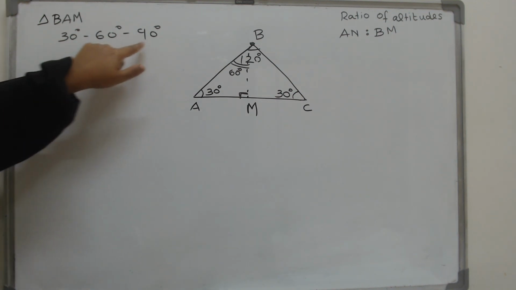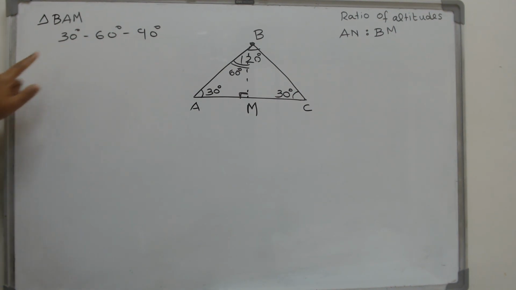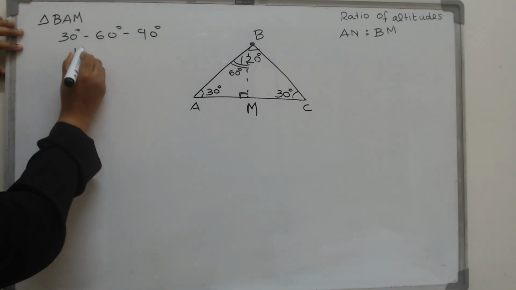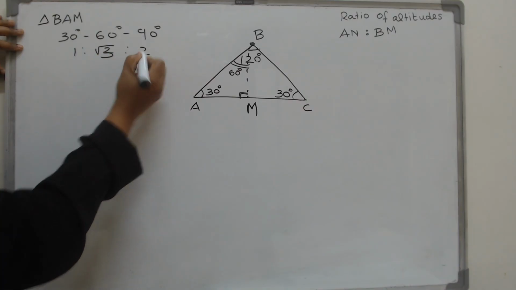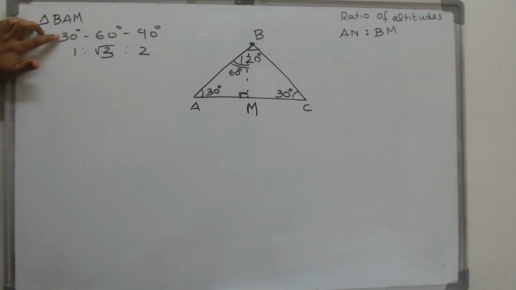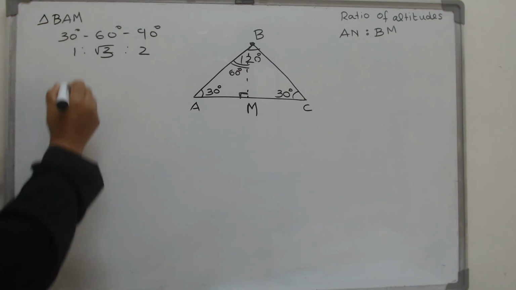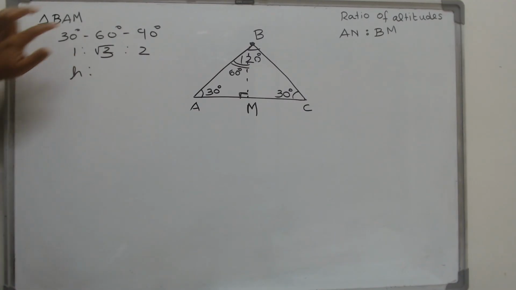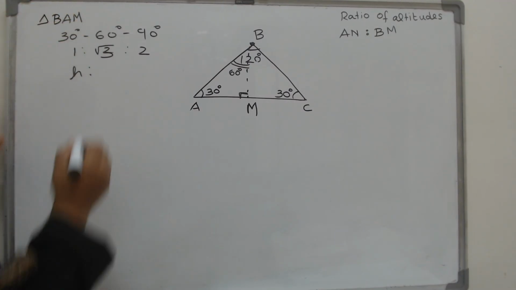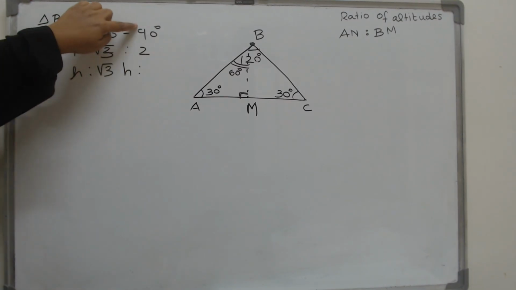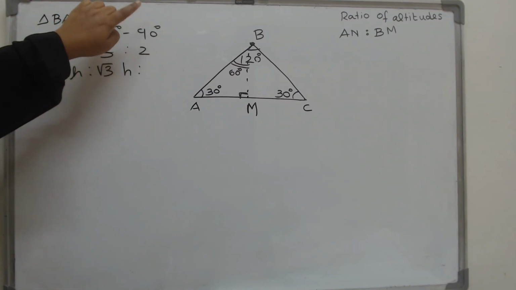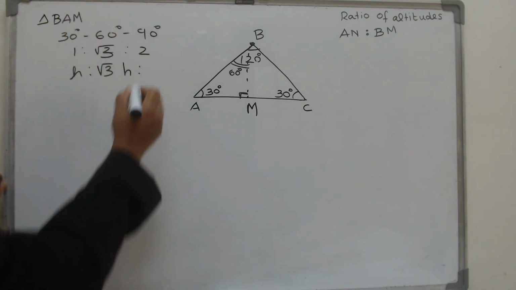If the angles are 30, 60, 90, then the ratio of the opposite sides are in the ratio 1 is to root 3 is to 2, or in other words, if the side opposite to 30 degrees is say H, then the side opposite to 60 degrees will be root 3H, and the side opposite to the 90 degrees, or in other words, the hypotenuse will be what?